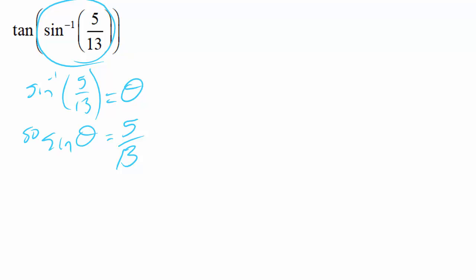Now, the restrictions on inverse sine tell us that theta has to be between negative pi over 2 and pi over 2, meaning this has to be in quadrant 1 or quadrant 4. Since what we're looking at inside that inverse sine is positive, we're going to be in quadrant 1.